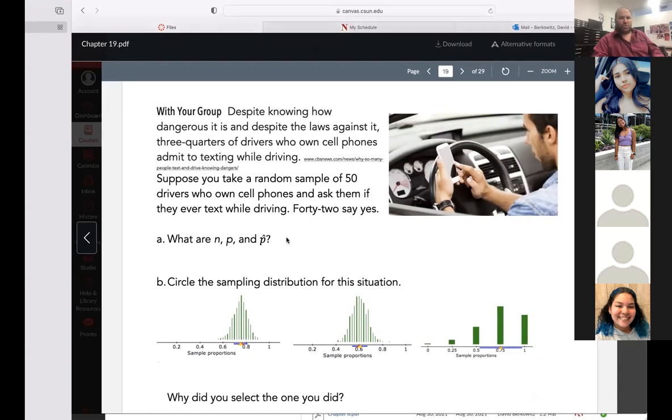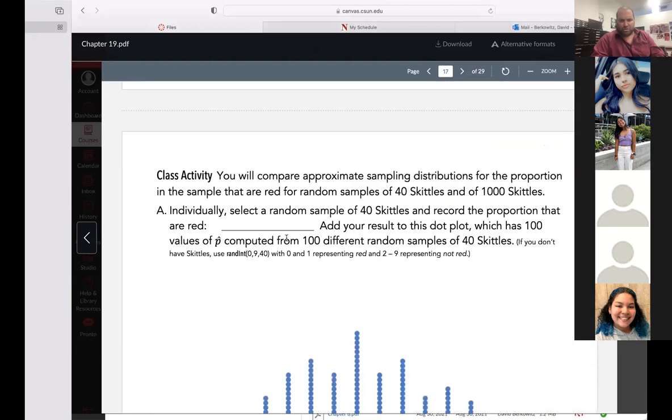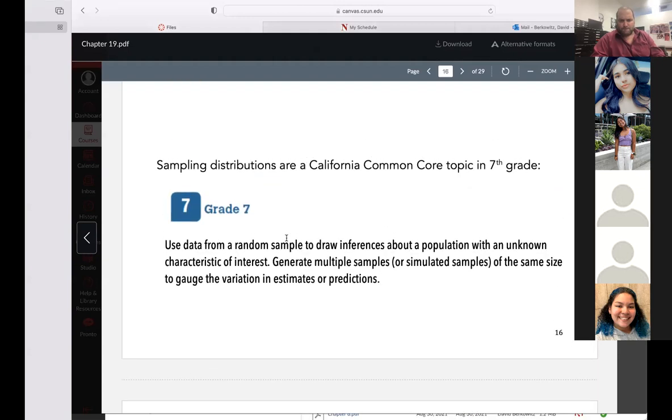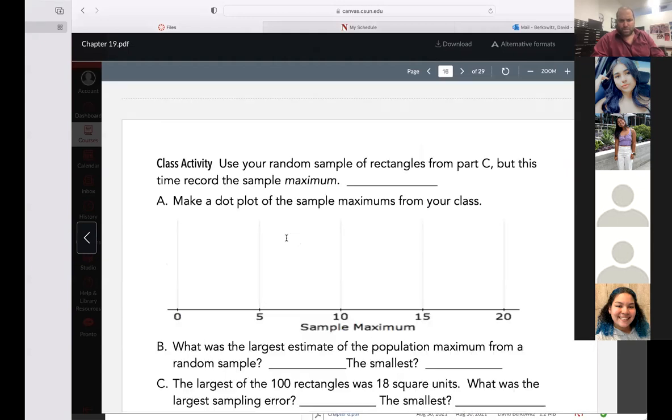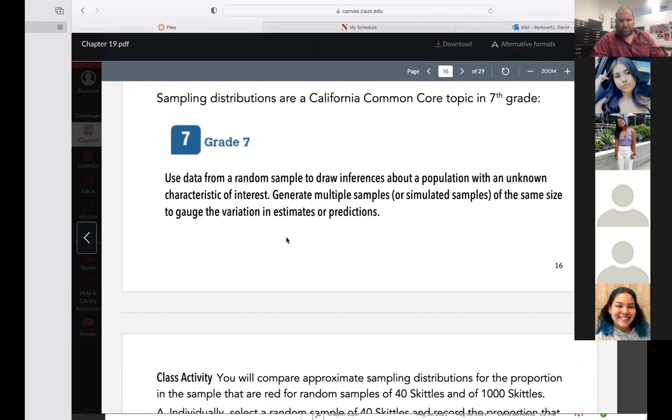Okay, so let's start here on page 16. Sampling distributions are a California Common Core topic for 7th grade.